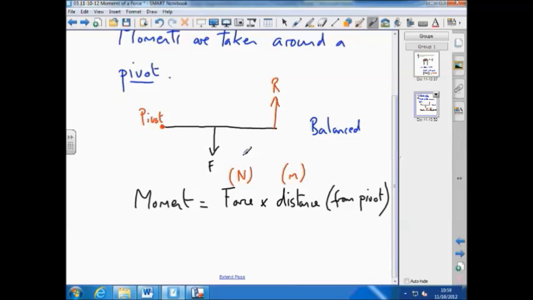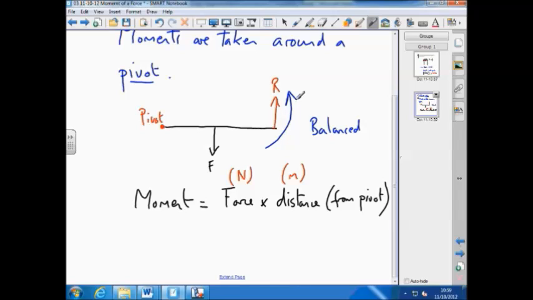So if I had this force here, F, acting on its own, the beam would be rotating clockwise. So this is a clockwise moment. The reaction force, if it was acting on its own, would be trying to turn the pivot anti-clockwise. So that reaction force is contributing to the anti-clockwise moment.